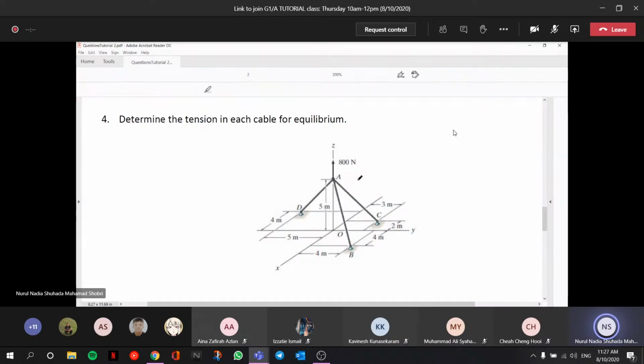So there are 3 cables we have to find, AD, AB, and also AC. So what we got to do in this situation is, first we have to find the coordinates for all 4 points A, B, C, and D.